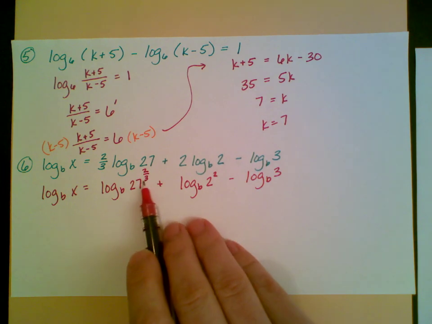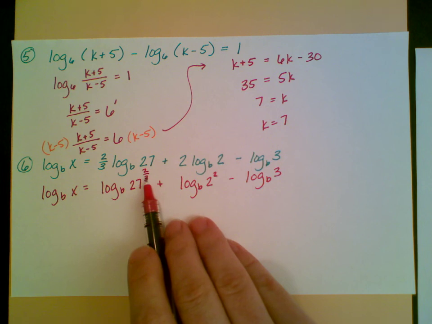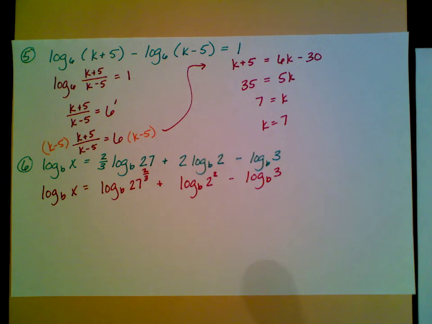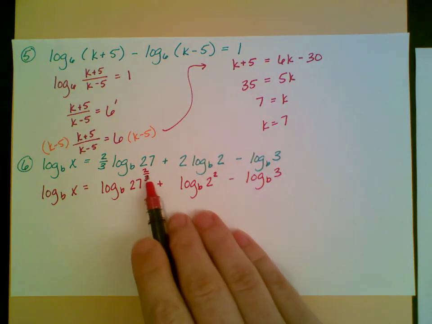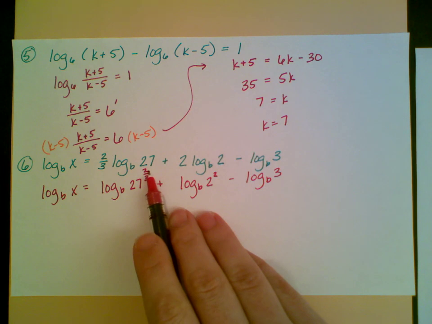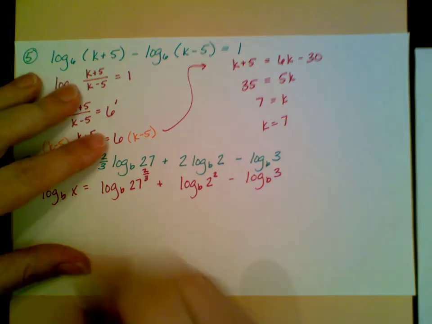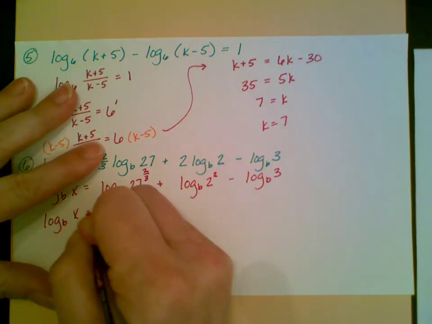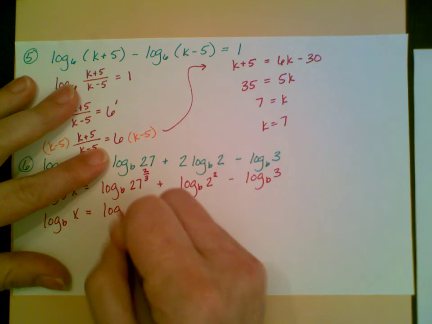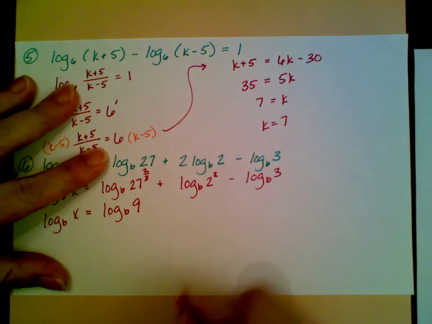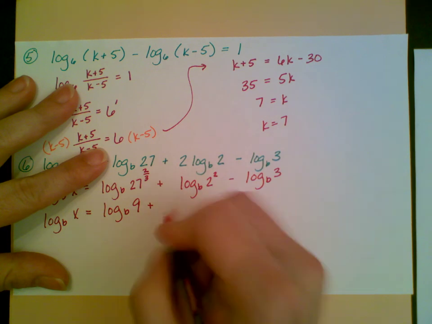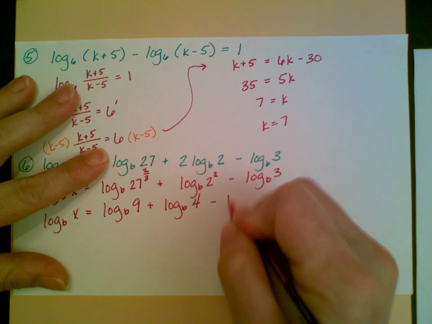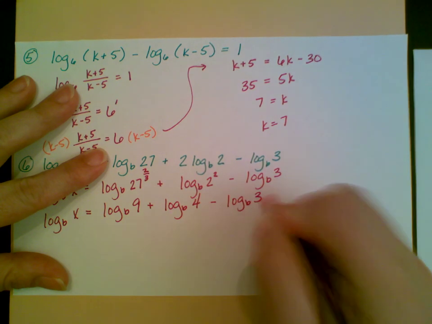The cube root of 27 is actually 3, and then when I square that, I get 9. And again, you can punch that into a calculator and have the calculator do the calculation for you if you like. So log base b of 9 plus 2 squared is 4. So this is log base b of 4 minus log base b of 3.